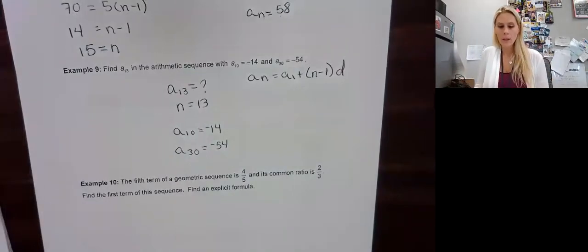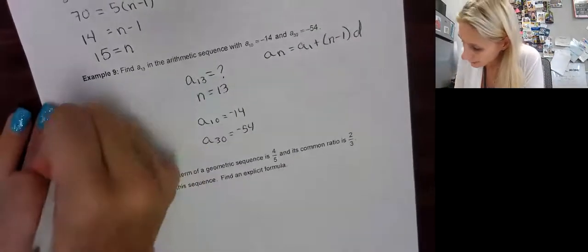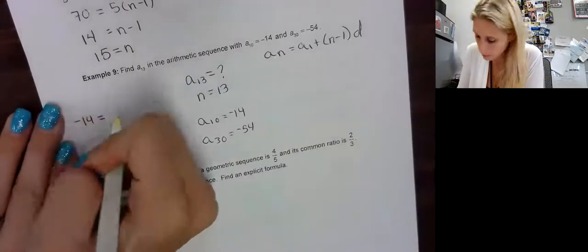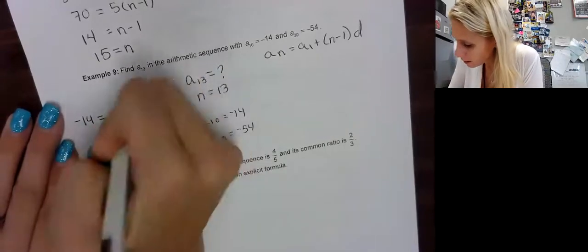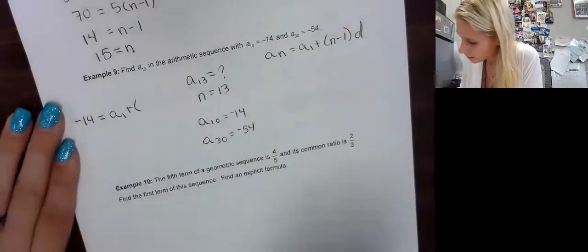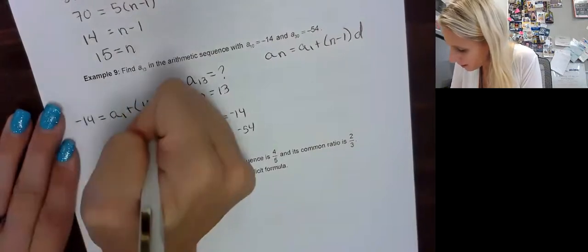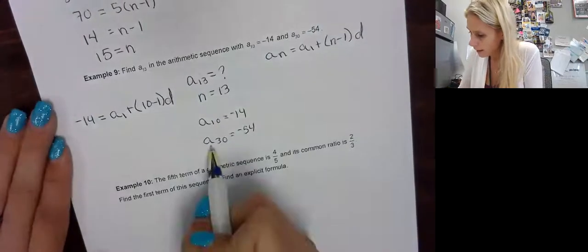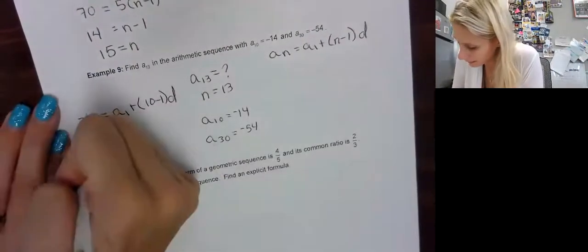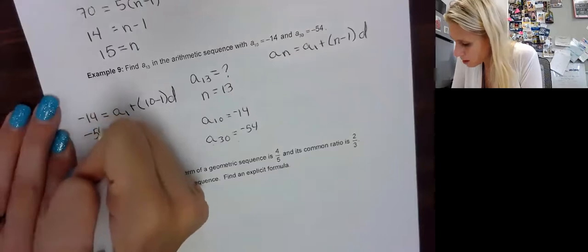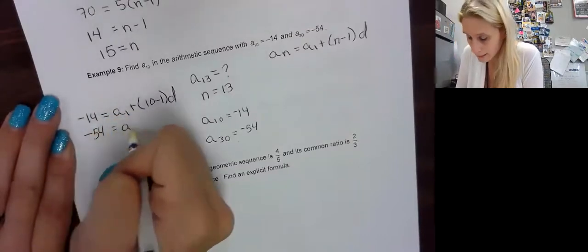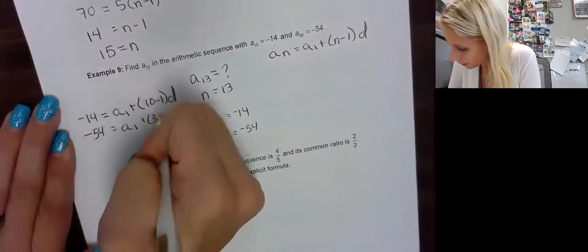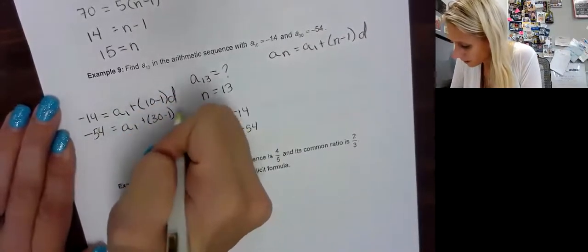So a subscript 10, which is negative 14, equals a subscript 1 plus 10 minus 1 times d. a subscript 30, that's negative 54, equals a subscript 1 plus 30 minus 1 times d.